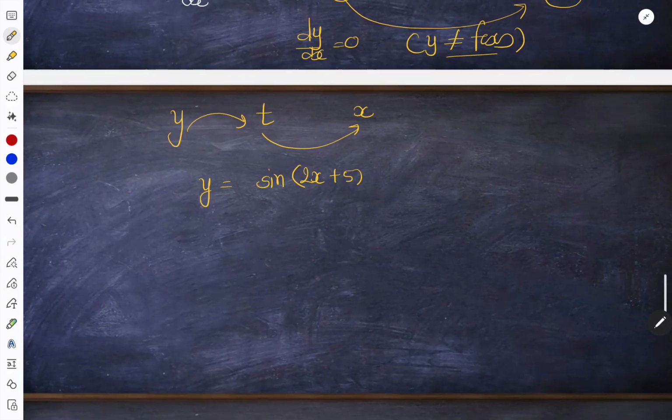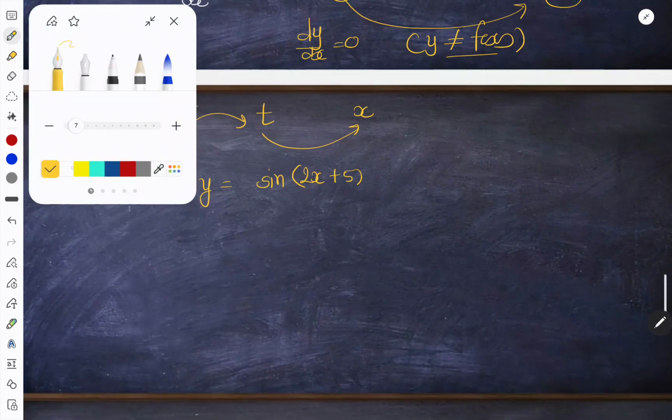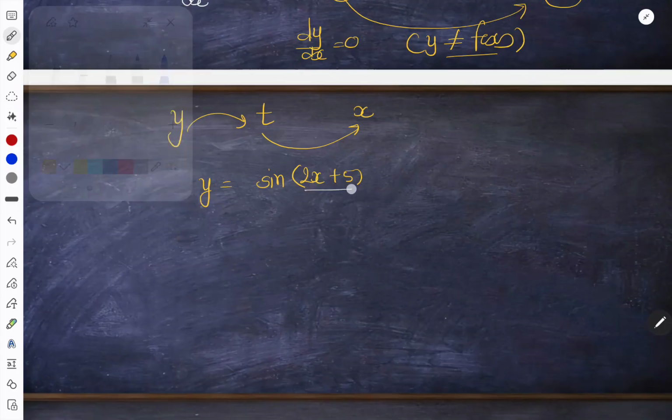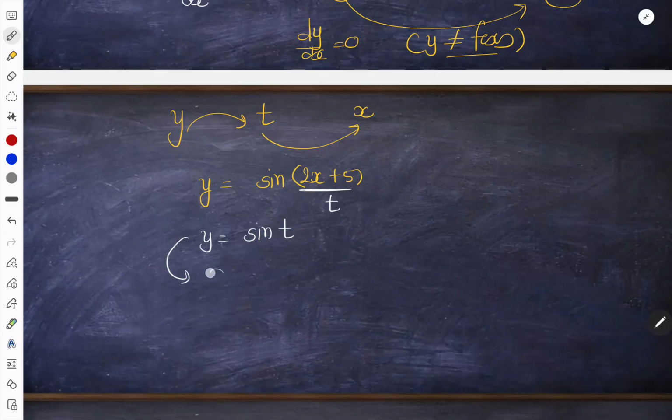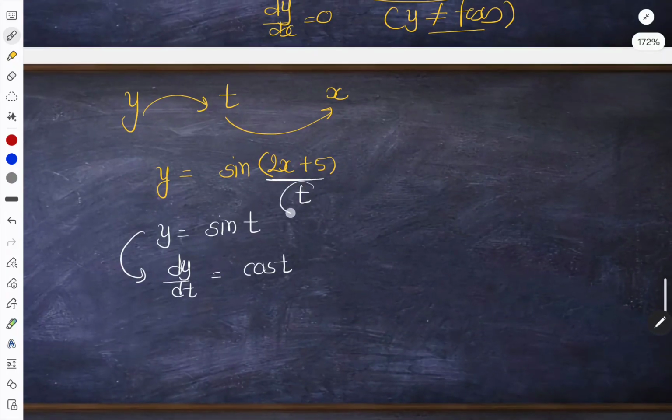You have asked about this particular example, y is equal to sine 2x plus 5. The simplest way is to assume that this part is some t. So y is equal to sine t. What will be the derivative dy by dt? cos t. But the problem is that actually y is sine of 2x plus 5.